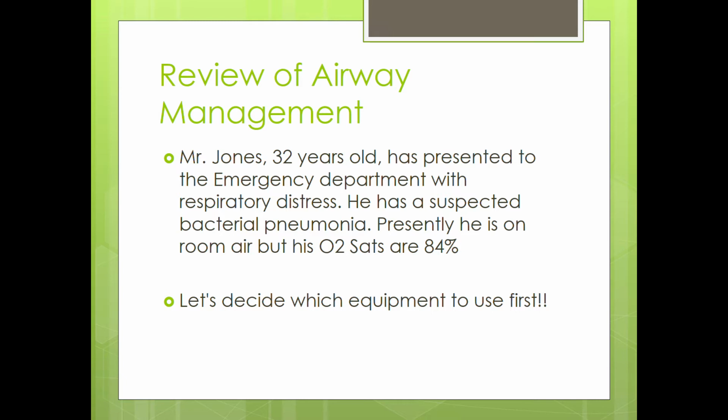If the patient is still under 92%, then you switch them to a simple mask, and that can go from 6 to 10 liters. If they're still low on oxygen at 10 liters, then you can put them on a partial non-rebreather mask and turn it up to 15 liters flush.